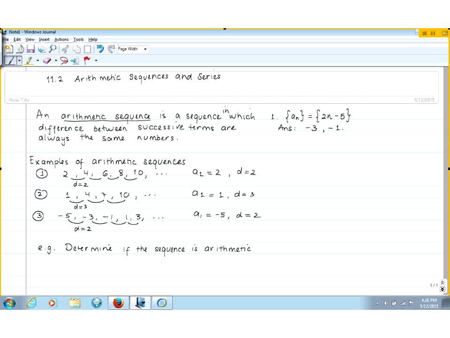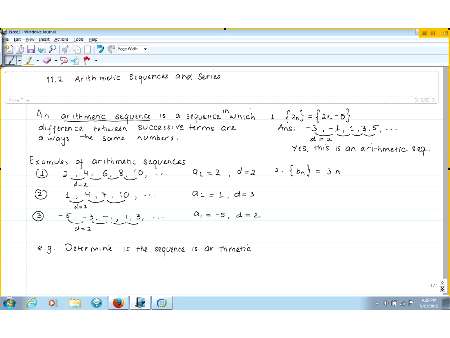A2, when n is 2, is 2 times 2, 4 minus 5, which is -1, and then followed by 1, 3, 5, etc. So this is A1 when n is 1, n is 2, n is 3, n is 4, etc. Let's see, do they have a common difference? Yes, so d is equal to 2. So yes, this is an arithmetic sequence. Any sequence that has a common difference is an arithmetic sequence.